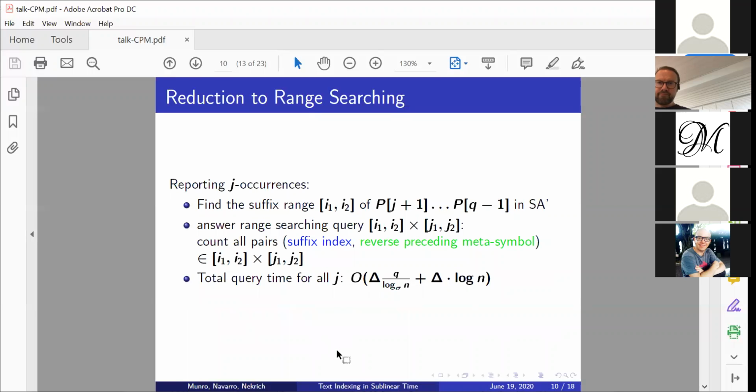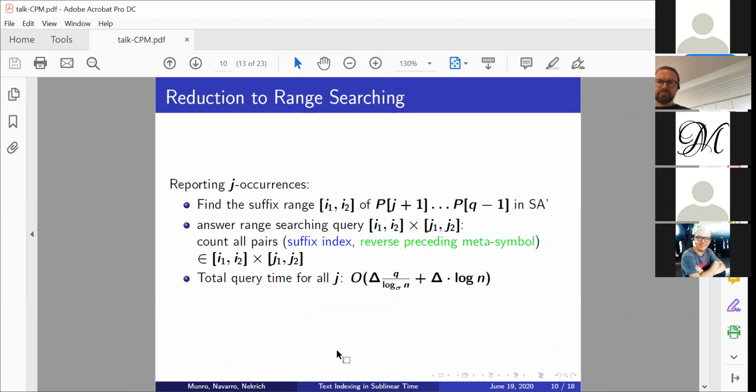So now, how can we report all occurrences for some fixed j? We would find the suffix range I1, I2 of the pattern with first j symbols removed, and then we'll answer a range searching query.